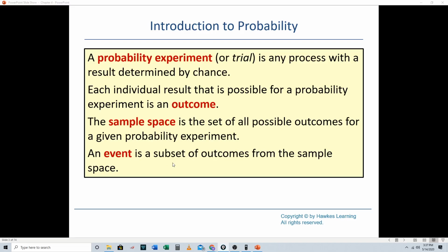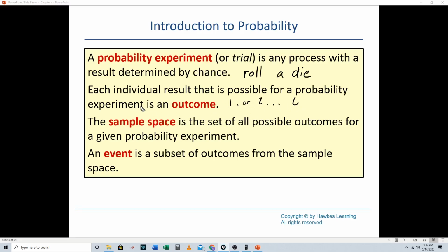Okay, so let's talk about probability experiments, to put this in perspective. Say you just roll a die. Not two dice, just roll one die. Each individual result, you can get a 1 or a 2, and so on, all the way down to 6.